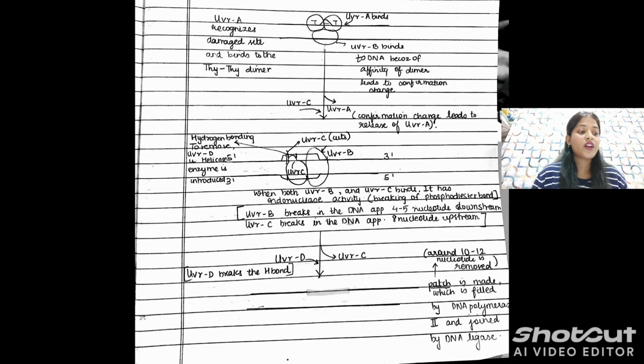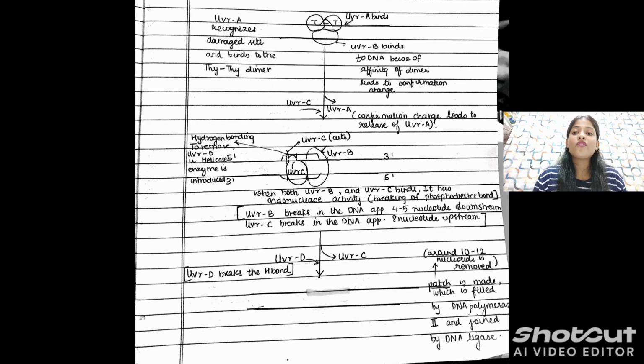Once UvrA binds to the dimers, simultaneously UvrB creates a bubble and binds to the DNA because of the affinity of dimers, which leads to a conformational change in the DNA. The conformational change caused by UvrB leads to the release of UvrA from this DNA.